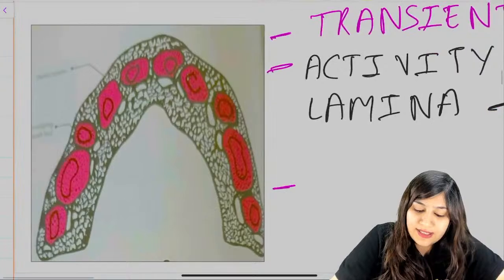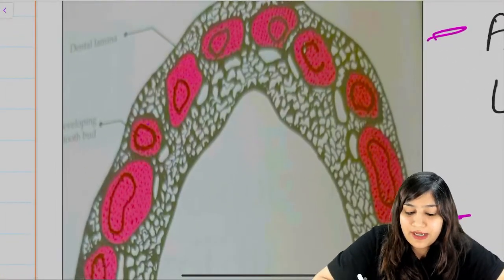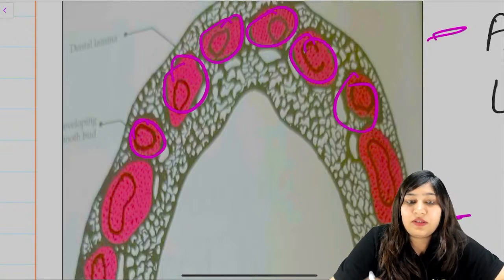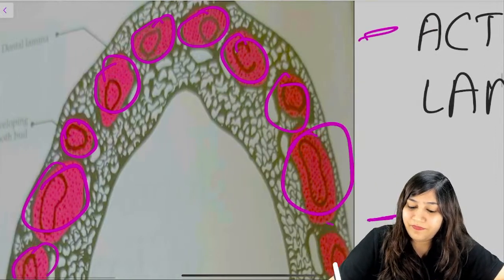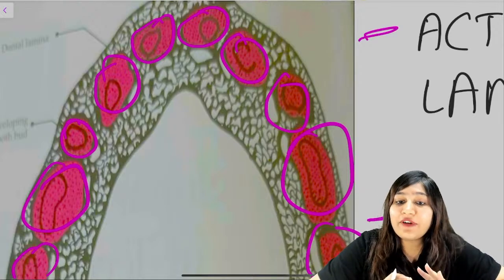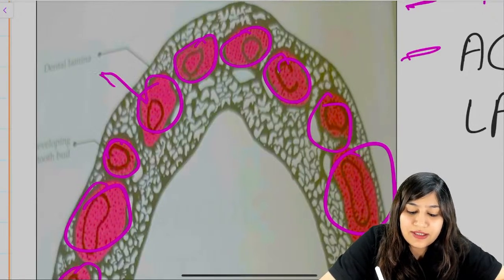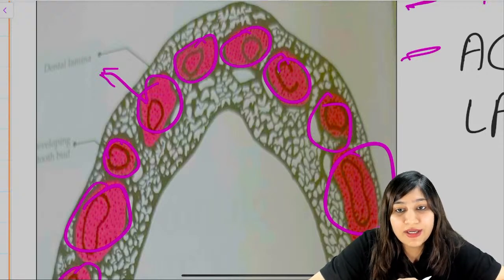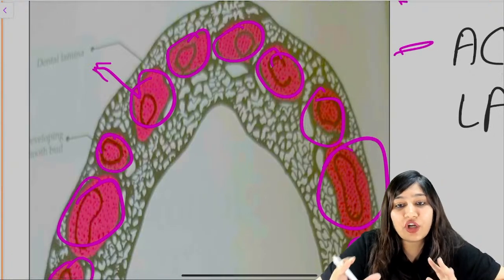So in this diagram we can easily appreciate dental lamina. This is our primary epithelial band and these are our ovoid swellings. These ovoid swellings are formed by the proliferation of the cells, and these swellings represent enamel organ for the developing tooth, which acts as a primordium for the developing tooth.